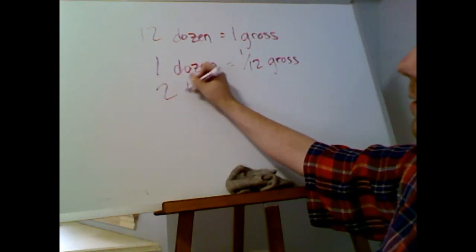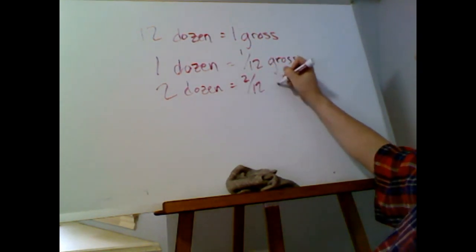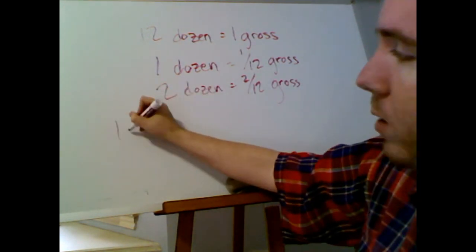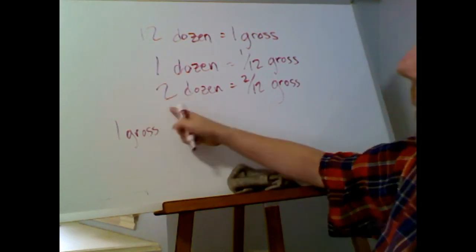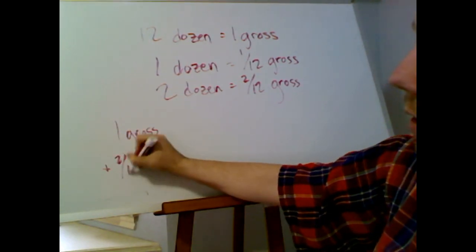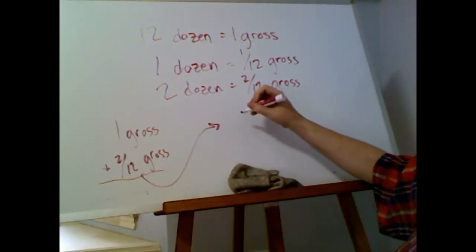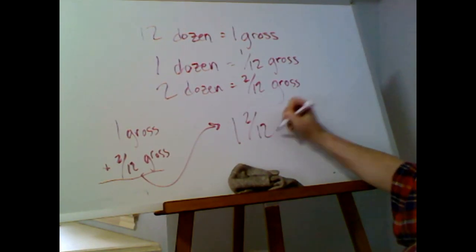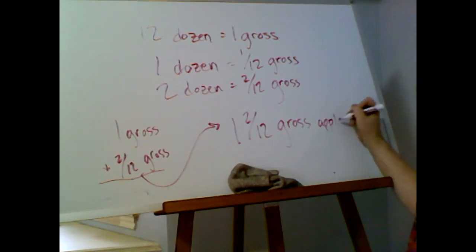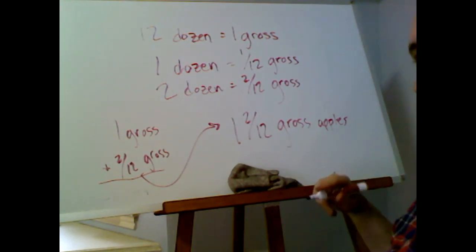And so 2 dozen can be said to be 2 parts out of 12 gross. Which would mean that 1 gross plus 2 dozen, which instead we can say is 2/12 gross, equals 1 and 2/12 gross apples. A gross of apples? It's not this many gross apples. It's not like they're rotten or anything.